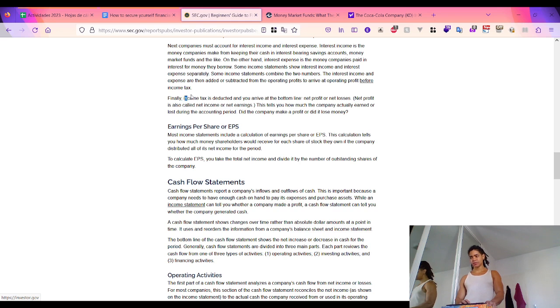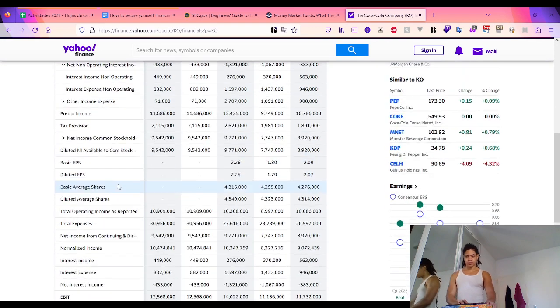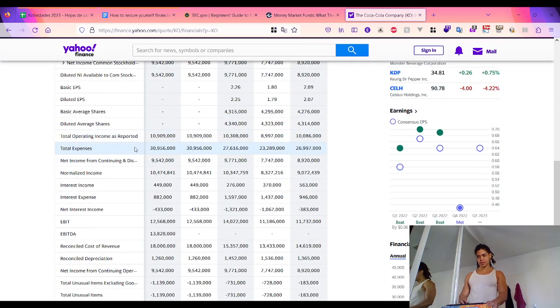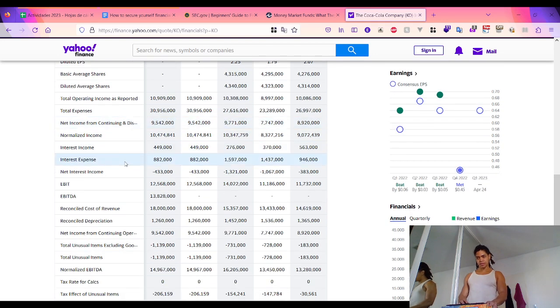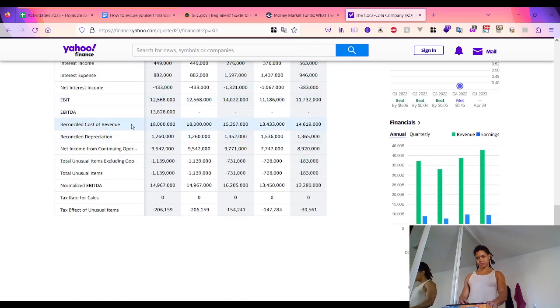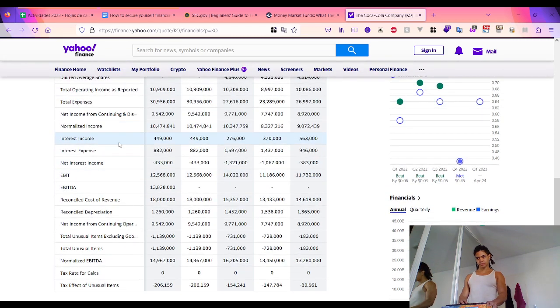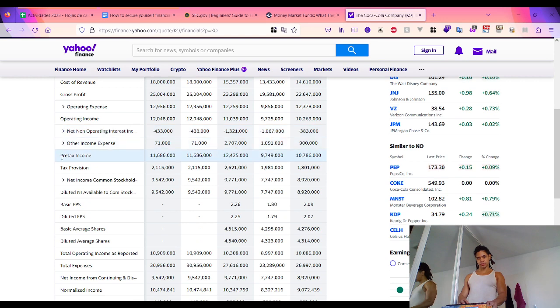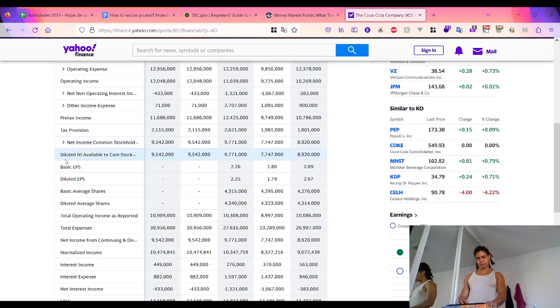The income tax is deducted: net income from continuing operations, interest income, interest expense, pre-tax income, tax provision, net income statement.